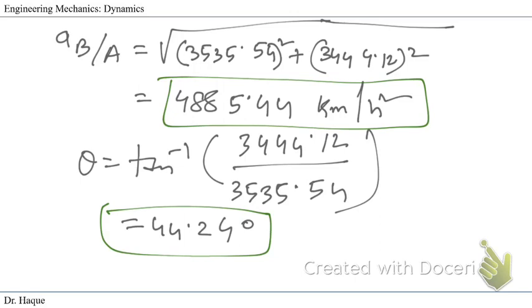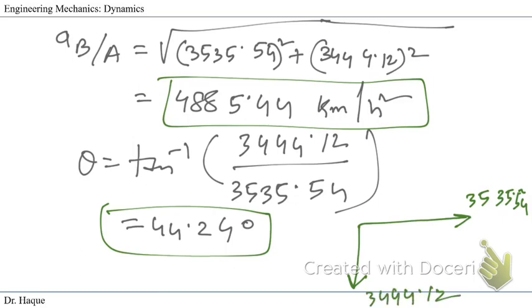One thing to notice is that we have not put the negative sign here when we were calculating the angle. This is not needed because when we show the direction, 44, we use the y component positive part in this direction. So that's how we're going to show it: 3535.54, and we're going to put this as negative 3444.12.